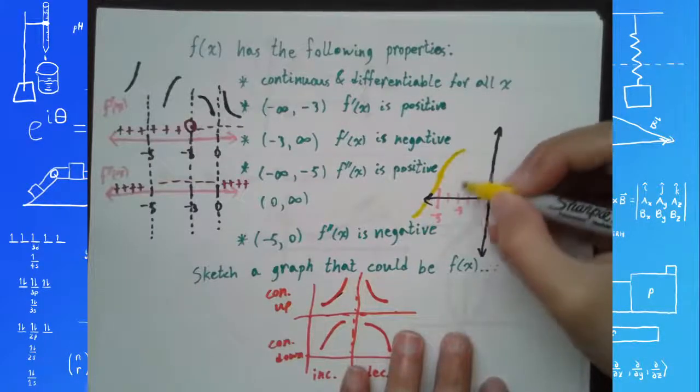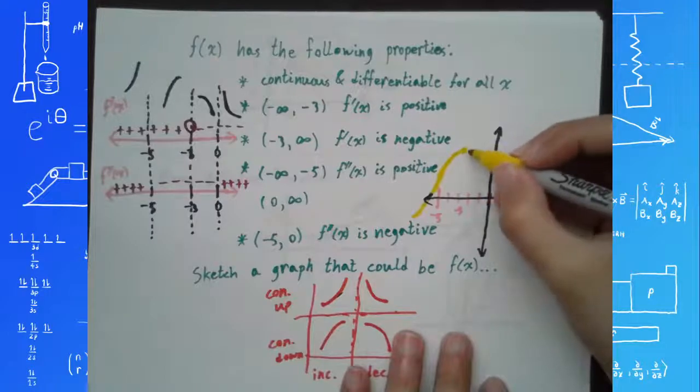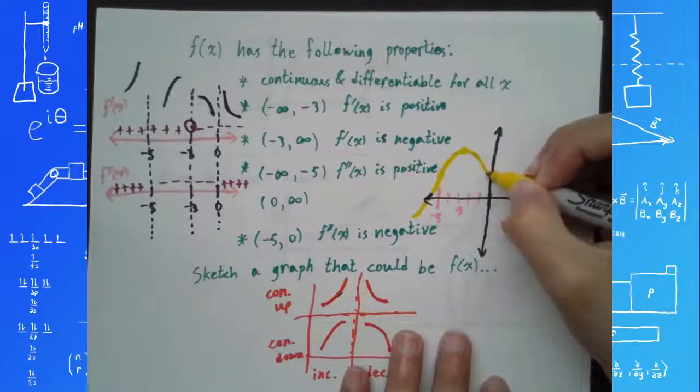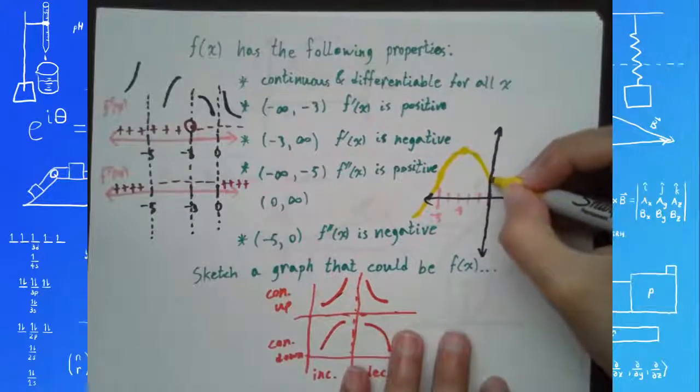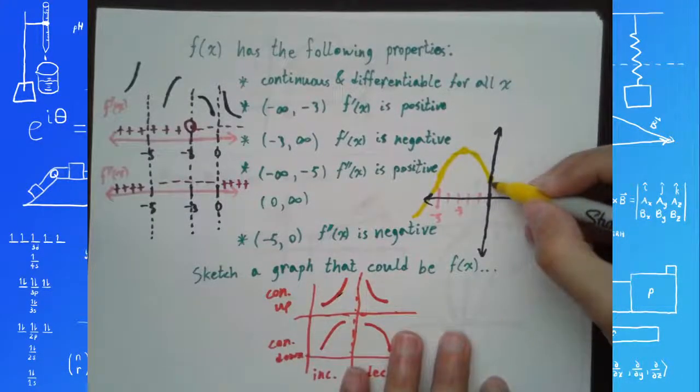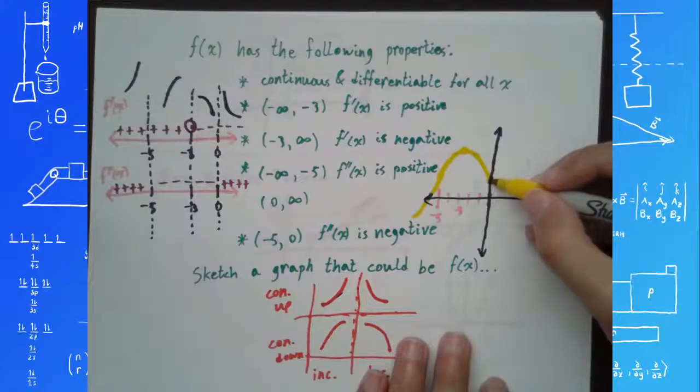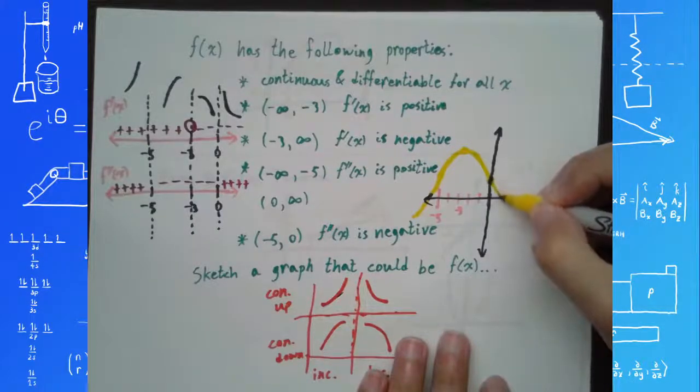Then at -3, it switches to decreasing, still concave down, so maybe something like this. And then it hits 0, and that's where we get, it looks like another point of inflection where it switches to decreasing concave up and never turns back.